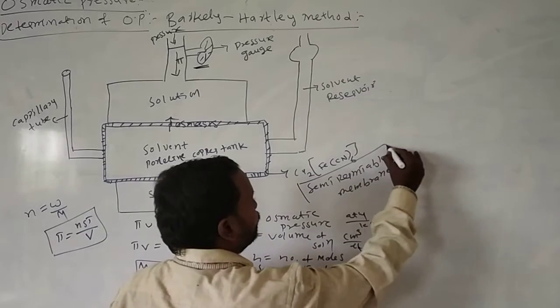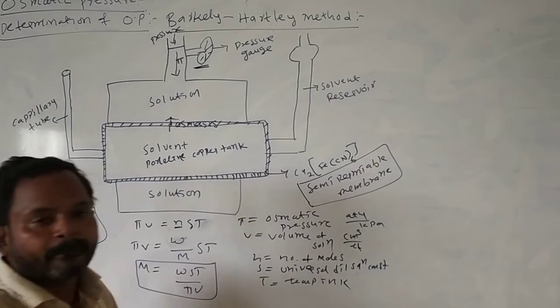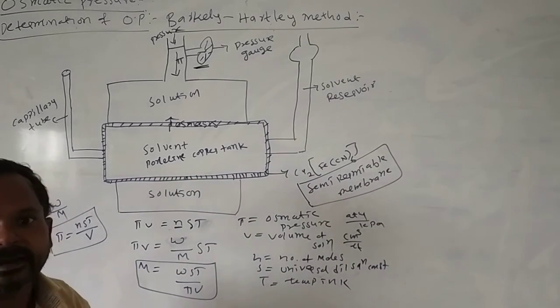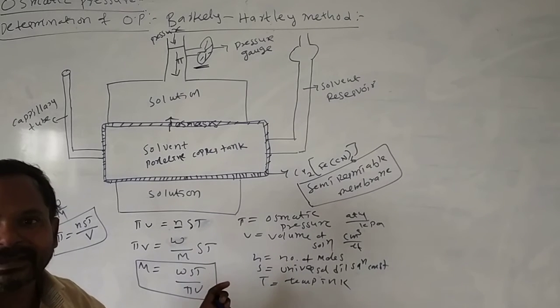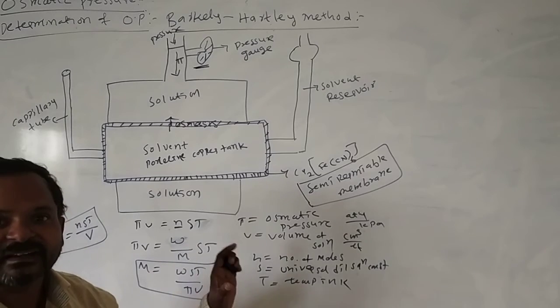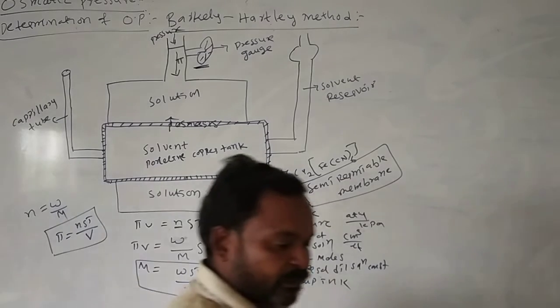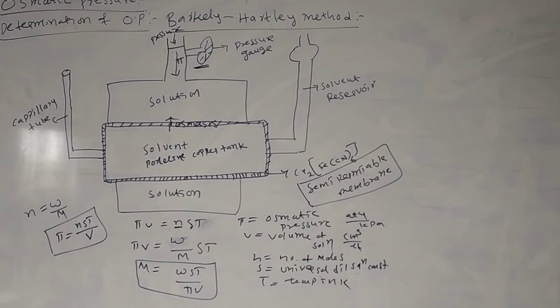What is the meaning of semi-permeable membrane, and why do we use it? A semi-permeable membrane is a layer which allows only solvent particles.